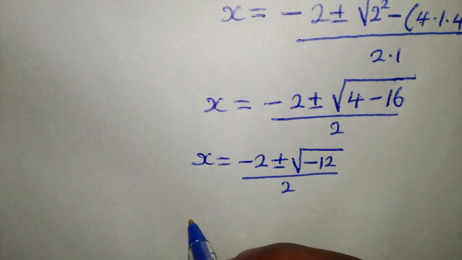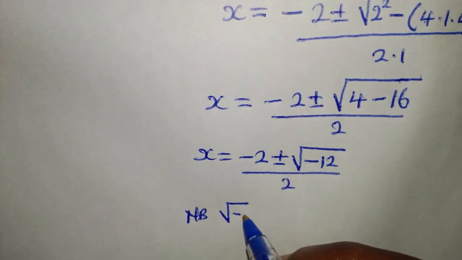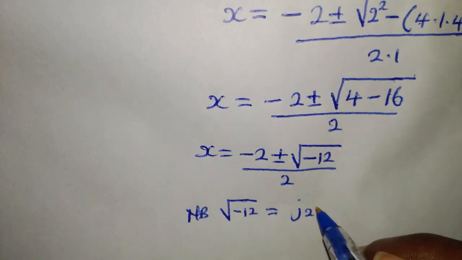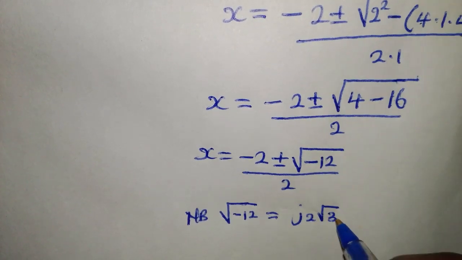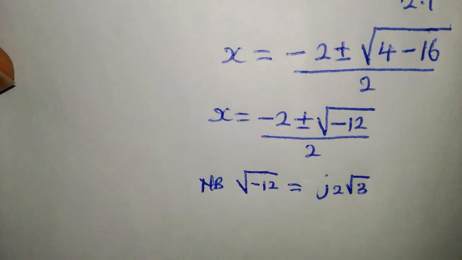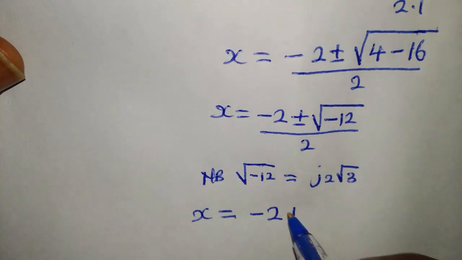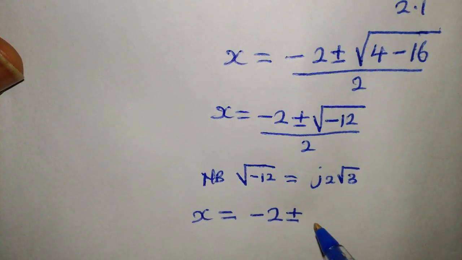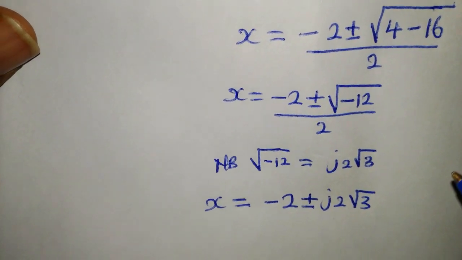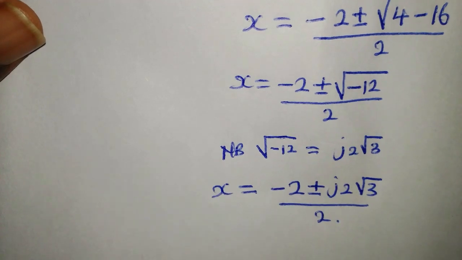Having this now, we must note that the root of minus 12 is equal to j 2 root 3. If we substitute it there, we have x equals minus 2 plus or minus j 2 root 3, divided by 2.